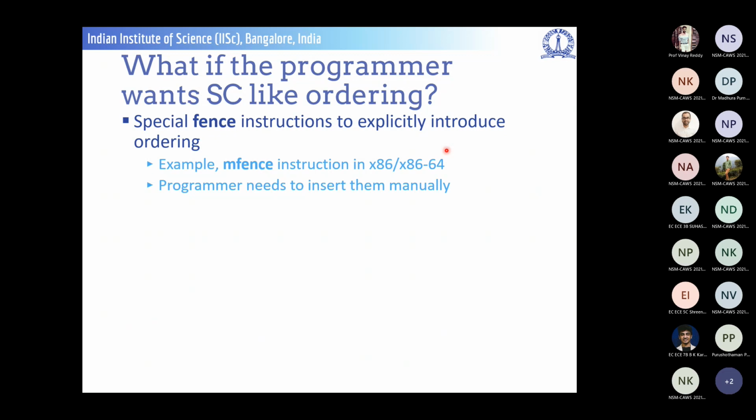But now you can see the programmability demand that we are putting on the programmer or the compiler generating the code, because wherever this ordering is necessary, they have to explicitly put it in the program.